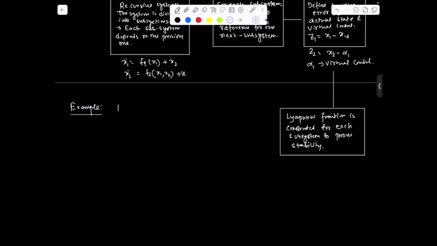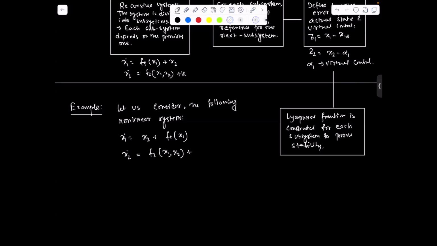So let us consider the following nonlinear system, defined by x1 dot equal to x2 plus f1(x1) and x2 dot equal to f2(x1, x2) plus u. If you notice, this system is in recursive structure.